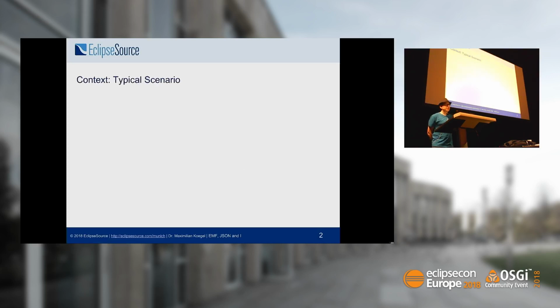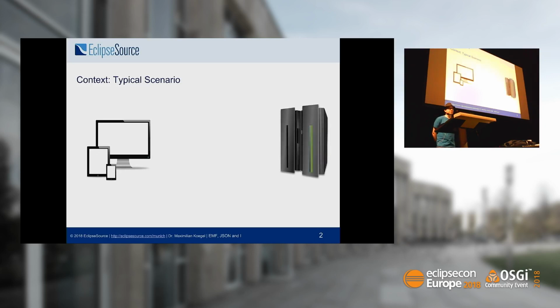The scenario that is the context throughout this talk, at least my context for creating this talk, is the following. We have clients, desktop clients, browser clients, or mobile clients, and those clients need to talk to a server, and they need to send back and forth messages, maybe in protocols.